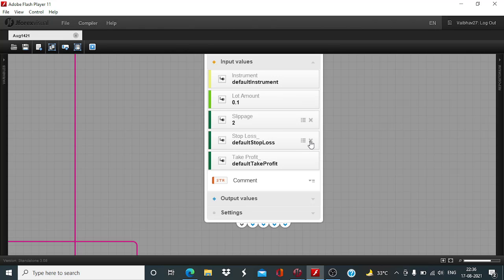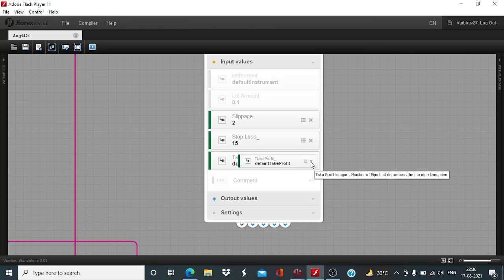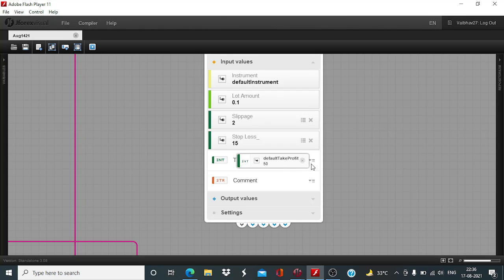And for the stop loss take profit combination, we are going to work with the risk reward ratio of 1:2. So the stop loss is going to be 15 pips and take profit 30 pips.